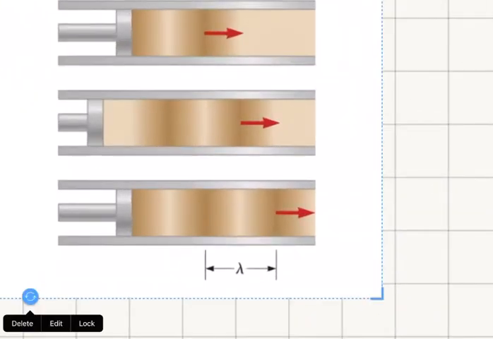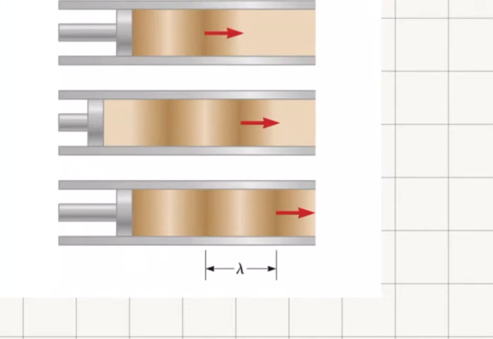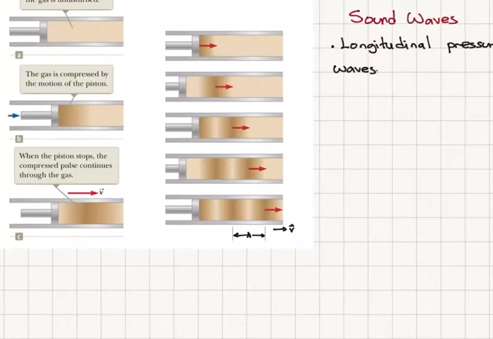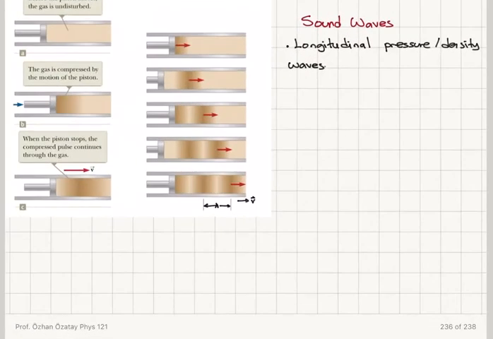You can see here that between two maxima in pressure, you have one wavelength. So you have a longitudinal wave. The gas elements are moving back and forth parallel to the propagation velocity of the wave. So they're longitudinal waves.